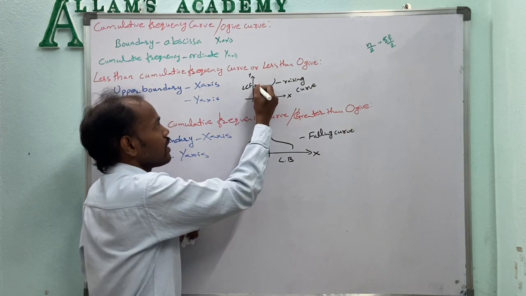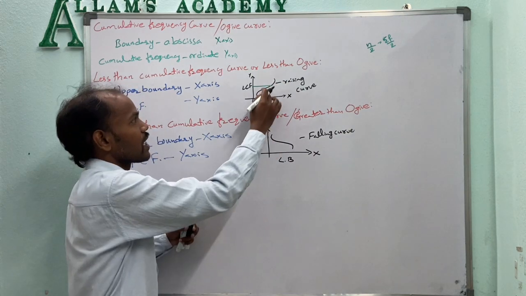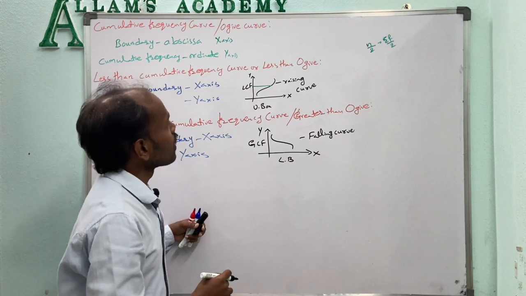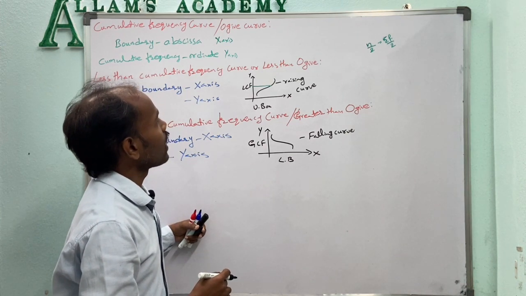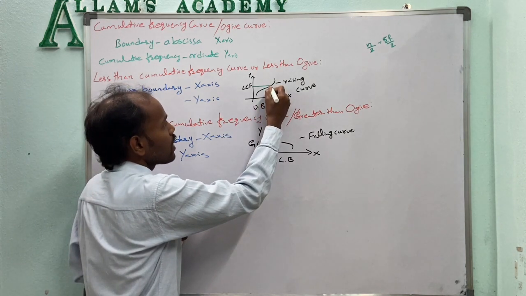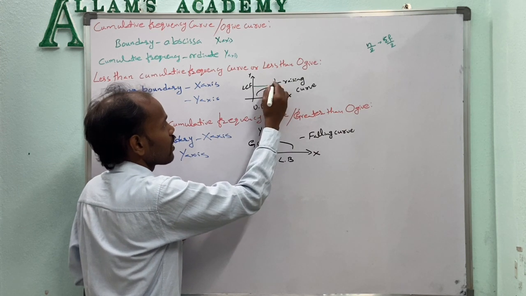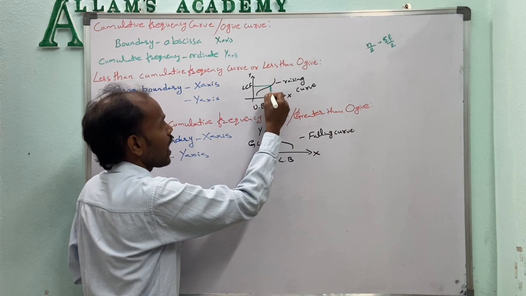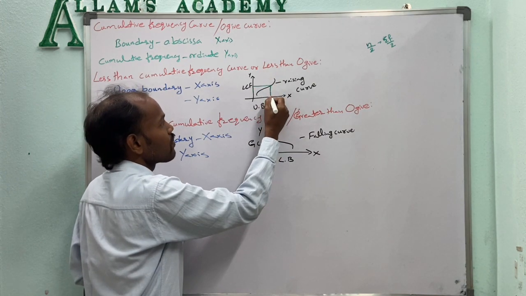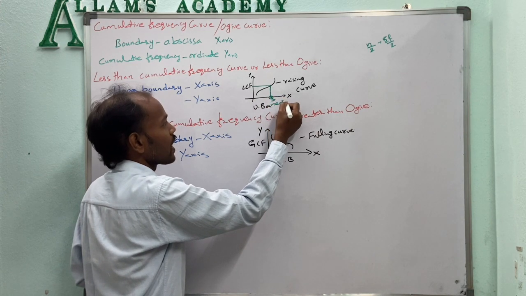The drawn line touches the rising curve at a point. From that point draw a perpendicular line to the x-axis. The place where it touches the x-axis is the median.